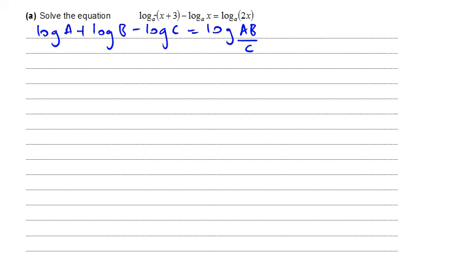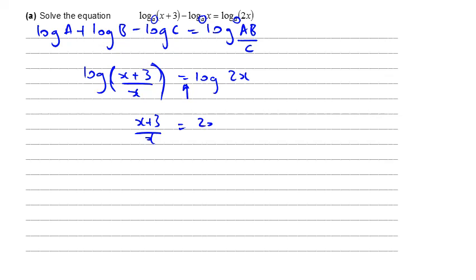So because these all have the same base, we can just go the log of x plus 3 over x, I'll make those brackets big enough, equals the log of 2x. So because these are the same, x plus 3 over x is going to be the same as 2x. And so from there you're just trying to solve that particular equation.